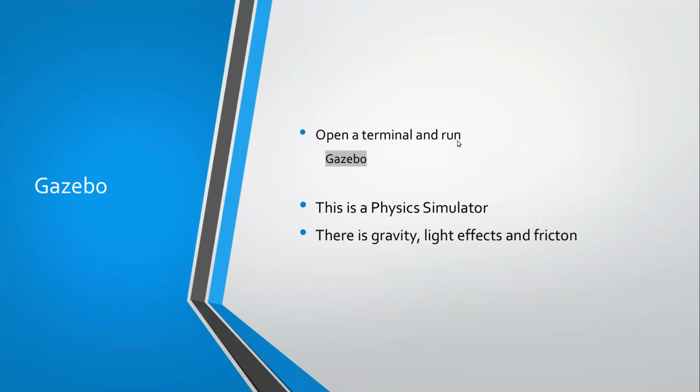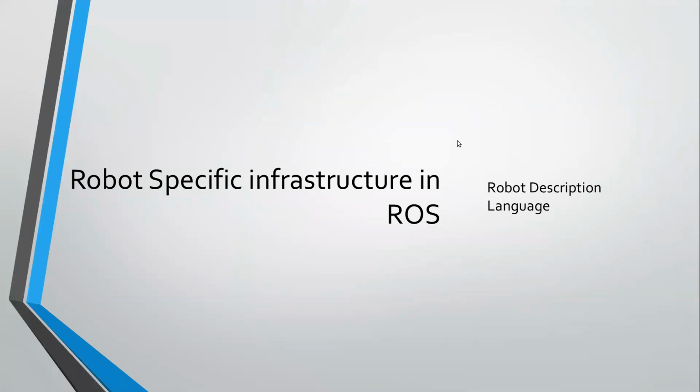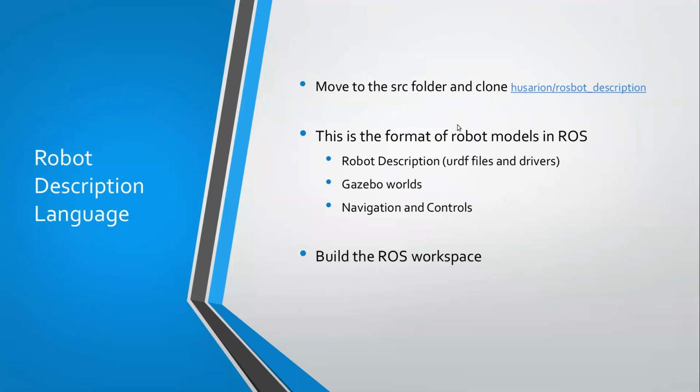Yeah, it's a physics simulator and it has gravity, light, effect, and friction. Then robot description language. I just used the name I mentioned in the program structure, but this is a continuation of the Gazebo example.